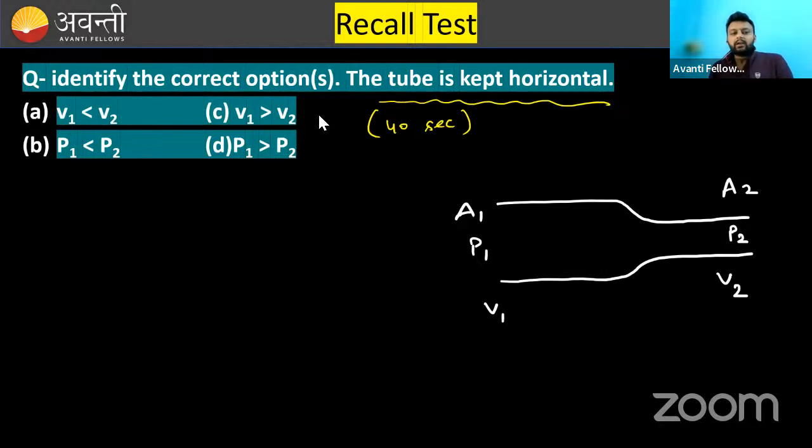Okay. So first of all, check the options. Options are in terms of velocity and in terms of pressure. So you need to identify at which point velocity is more and at which point pressure is more. First talk about velocity.